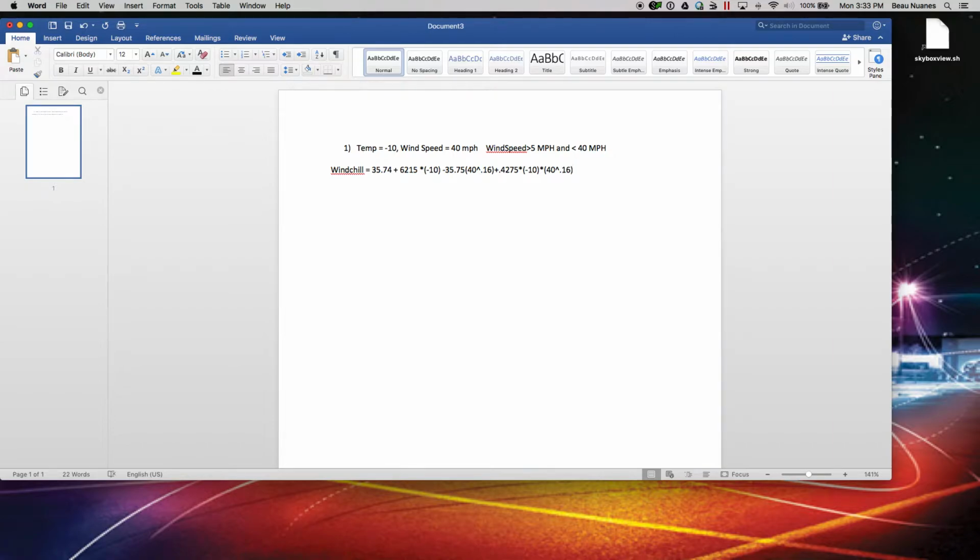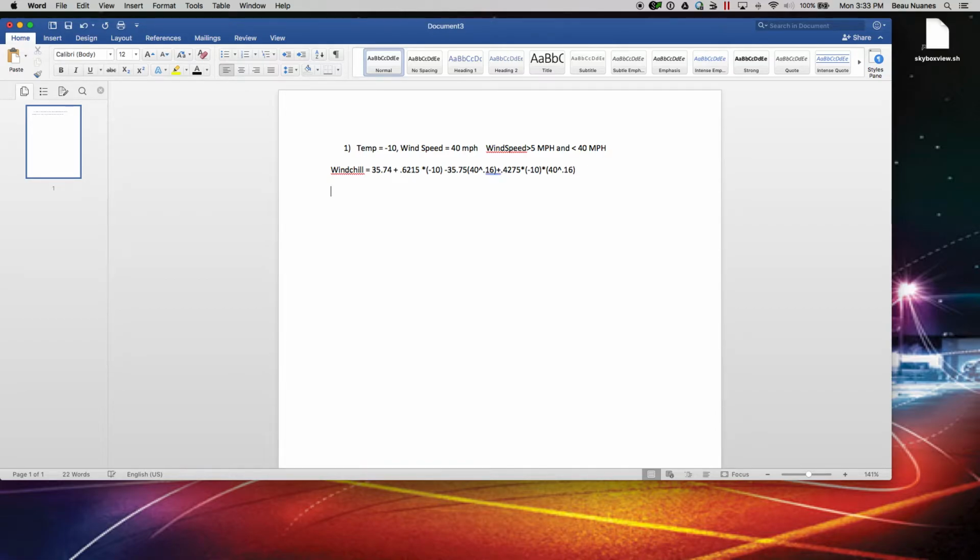So here we basically substitute our values in for T and V. So 35.74 plus 0.6215 times T, which is minus 10, minus 35.75 times 40, which is V, to the 0.16, plus 0.4275 times minus 10, and then V, 40 to the 0.16.